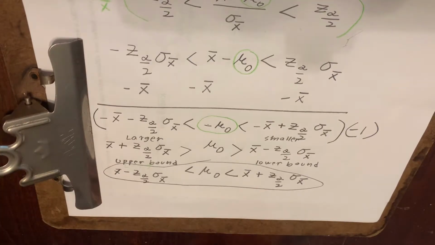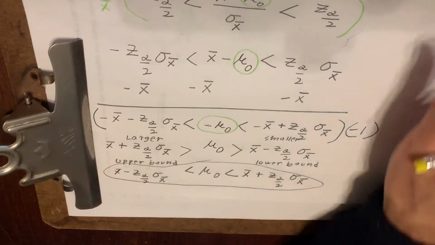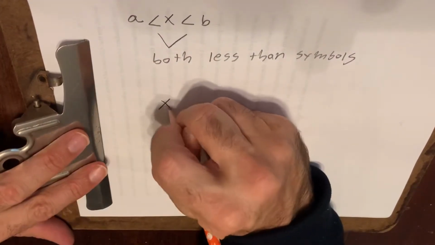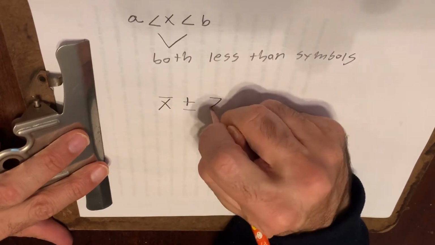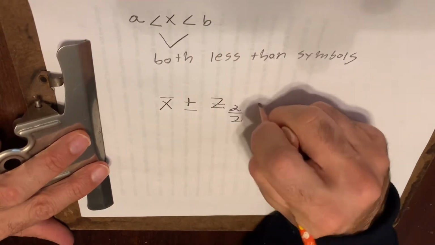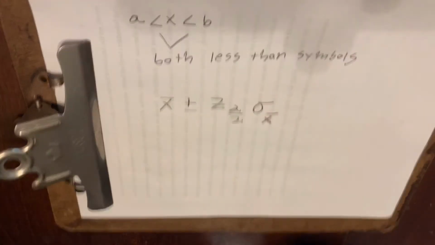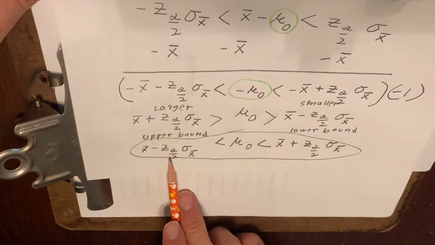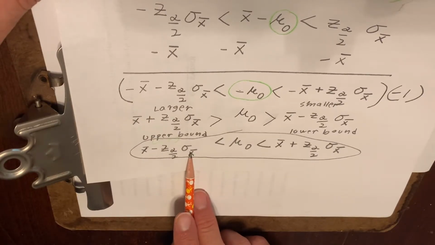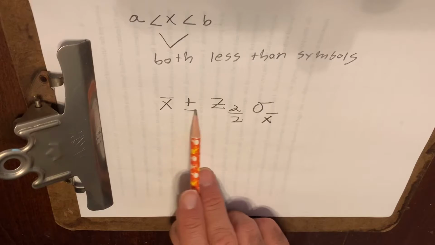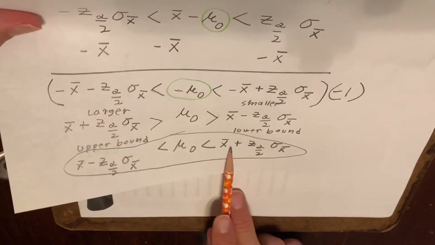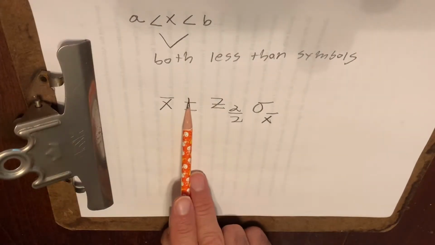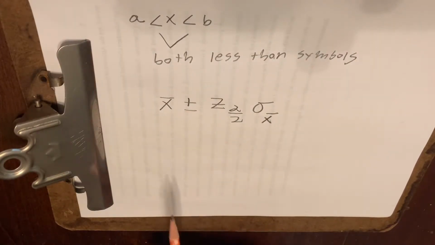Now, we write it in a more compact way. We write this as X bar plus or minus Z sub alpha over 2 sigma sub X bar. And that's exactly what we have here. Here's the X bar minus Z sub alpha over 2 sigma sub X bar, and here's the X bar plus Z sub alpha over 2 sigma sub X bar.